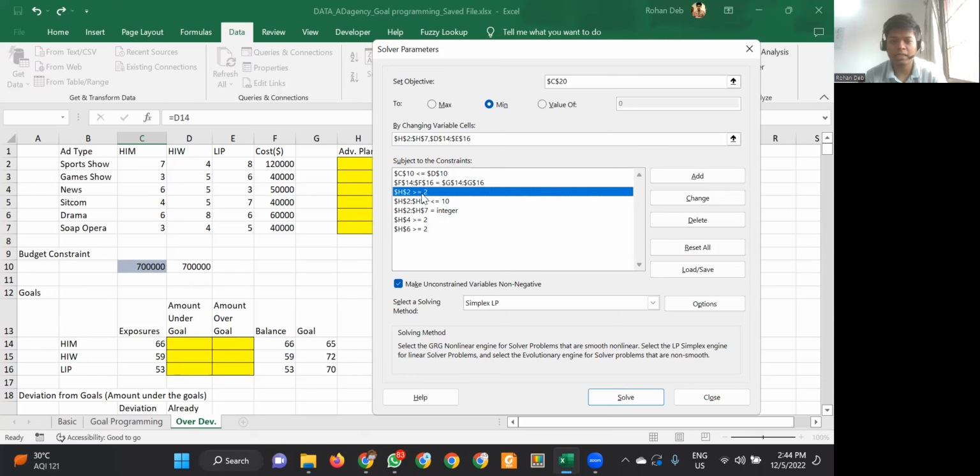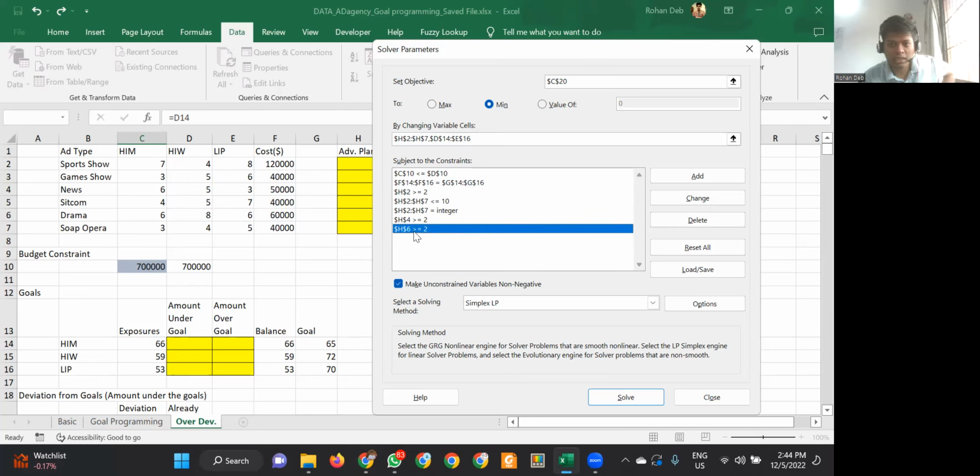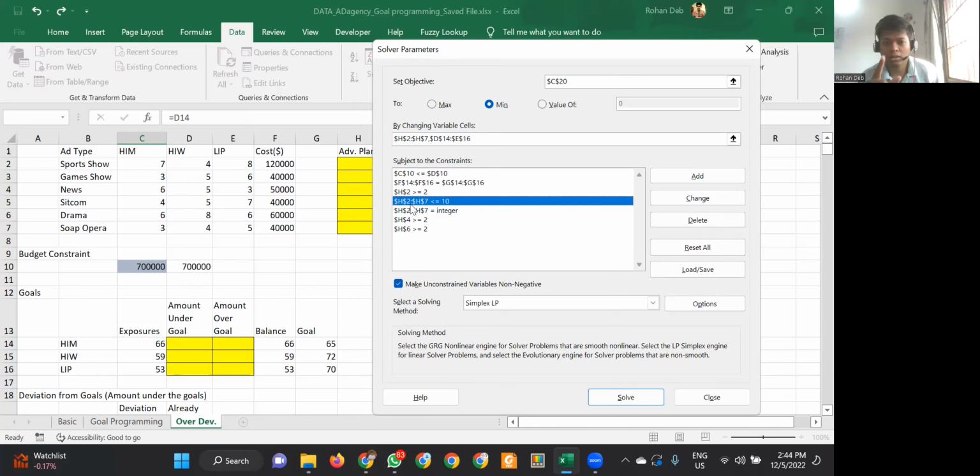H2 greater than or equal to 2 means that sports show, news and drama should be greater than or equal to 2. These are those three. And H2 to H7 should not be greater than 10, which is given over here, and all should be integers. Okay. Now, given this, we are trying to figure out C20 as the minimum.